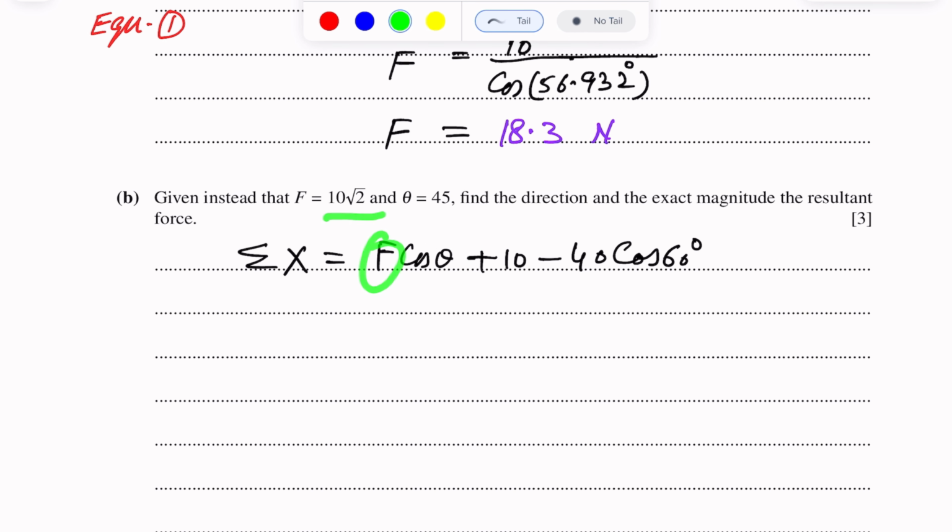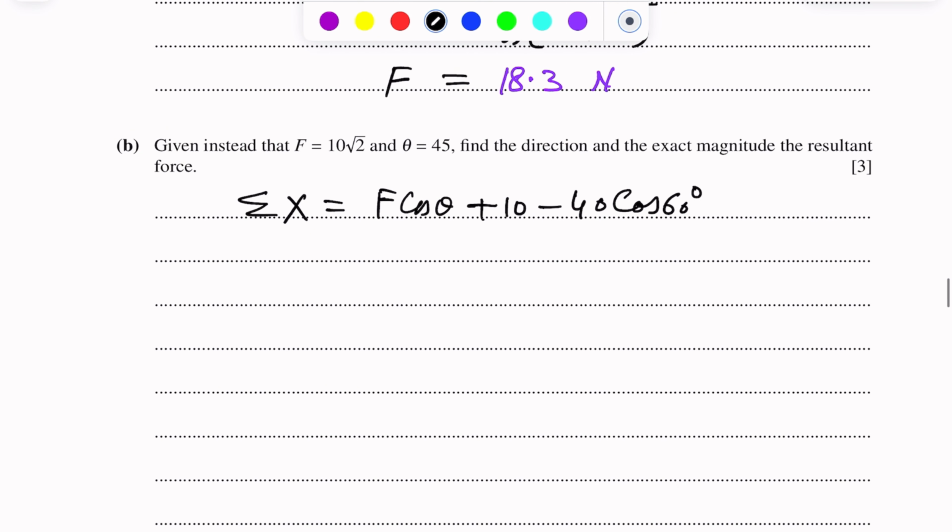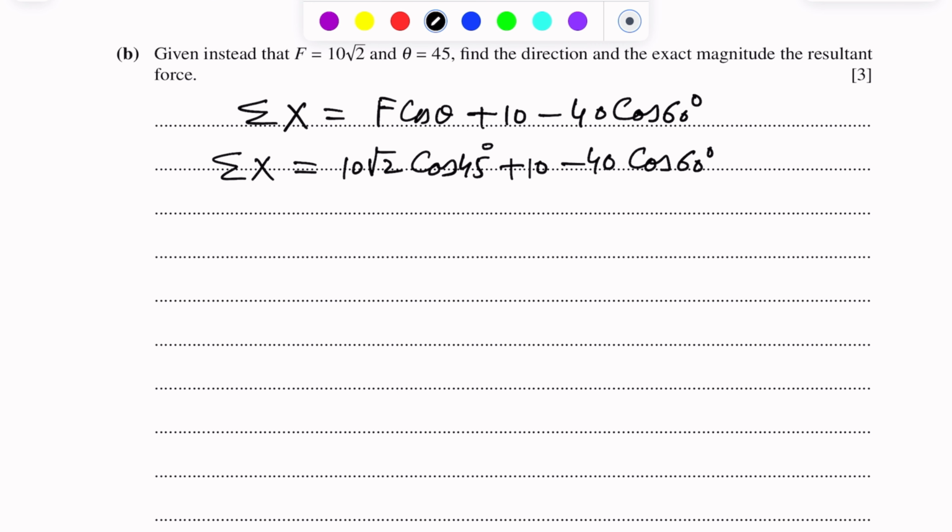The value of f is 10 under root 2. And summation x will be 10 under root 2 cos 45 degrees plus 10 minus 40 cos 60 degrees. After calculating, using a calculator, we get the value of summation x equal to 0.